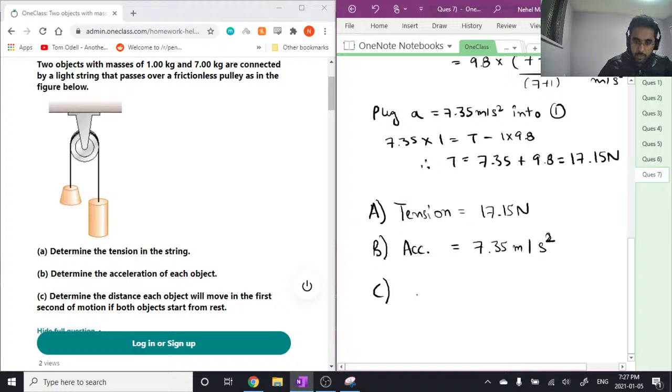So we can use the equation of motion. S is equal to ut plus half at squared. Since we know that the initial velocity is 0, this term goes away. We can say S is equal to half of 7.35 times time, which is equal to 1 second, so 1 squared.